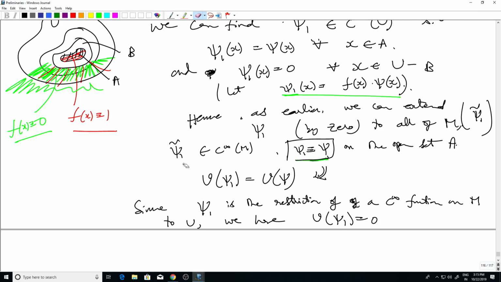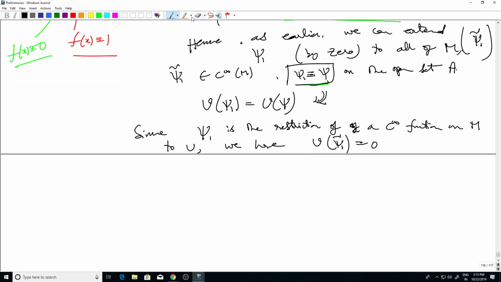So this extension property is used only in this last step, when I want to claim that V of C1 tilde is 0. For this part I need this. Here, actually, I should use C1 as 0.